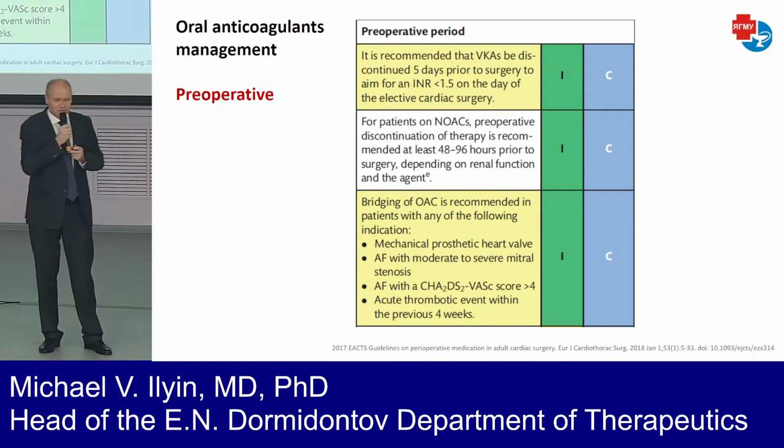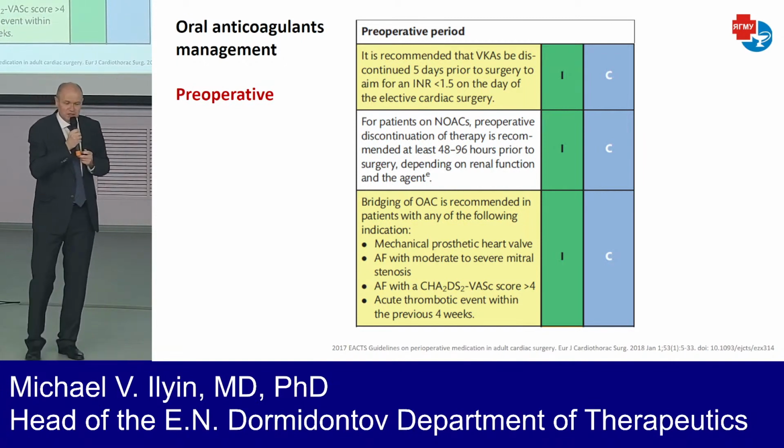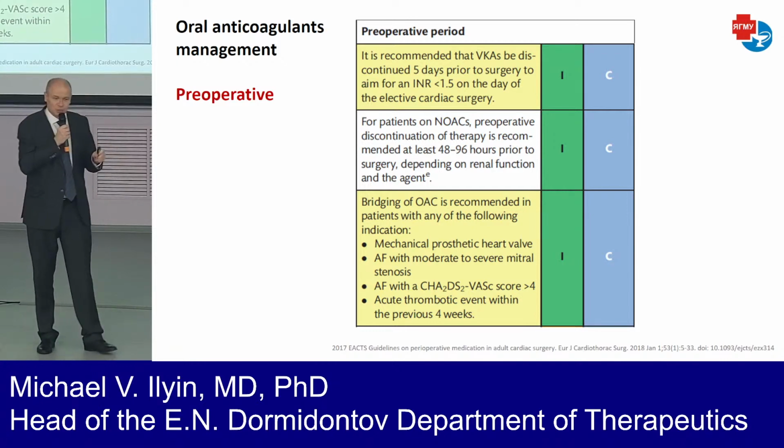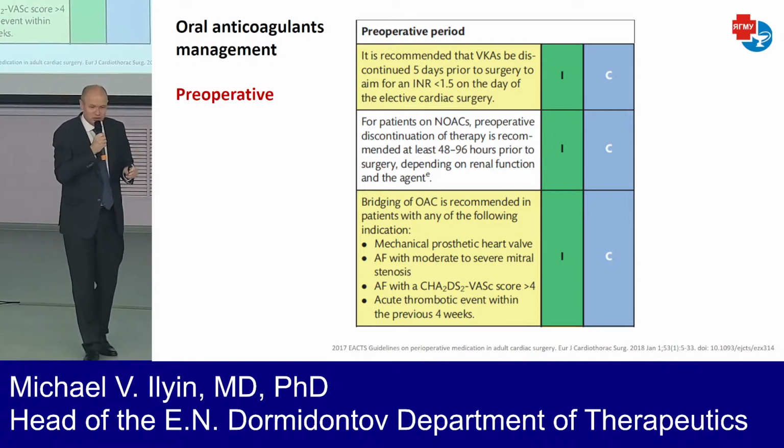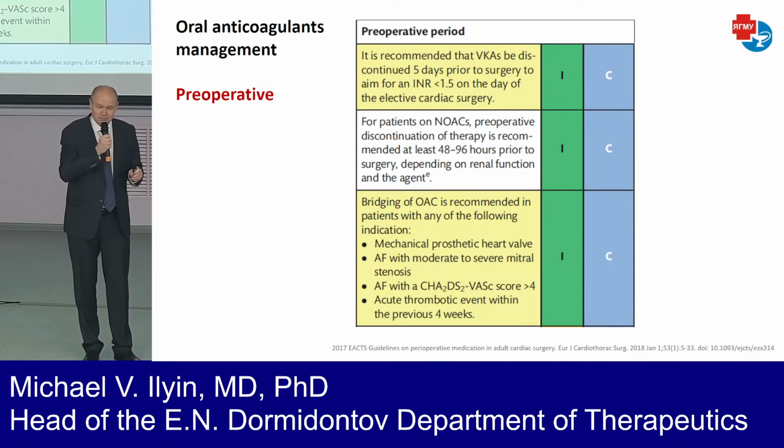Okay. Bridging of OAC is recommended in patients with any of the following indications. Note here, this is important. First, mechanical prosthetic heart valve, bridging. The second situation, atrial fibrillation with moderate to severe mitral stenosis.